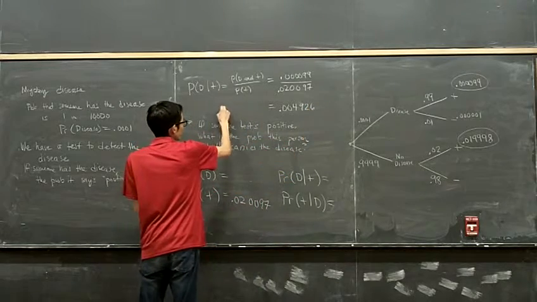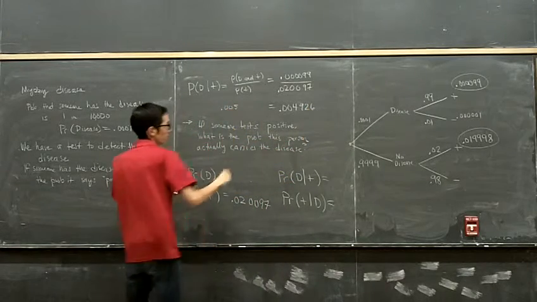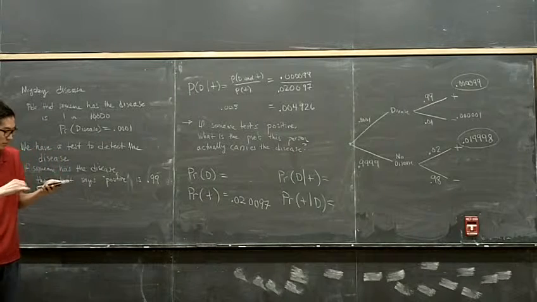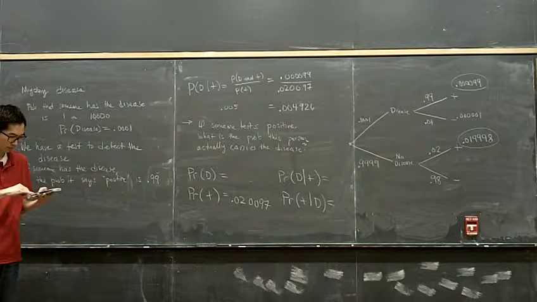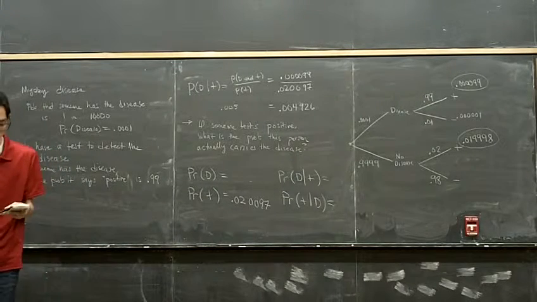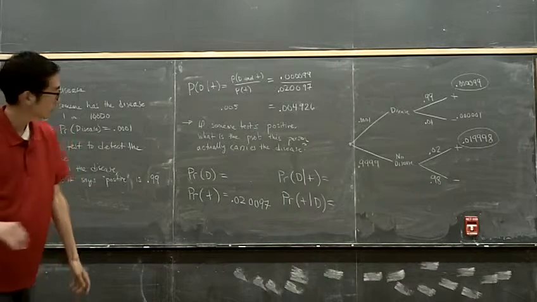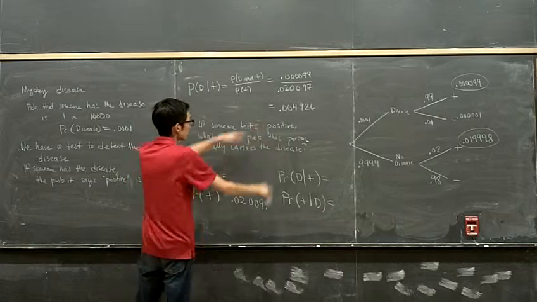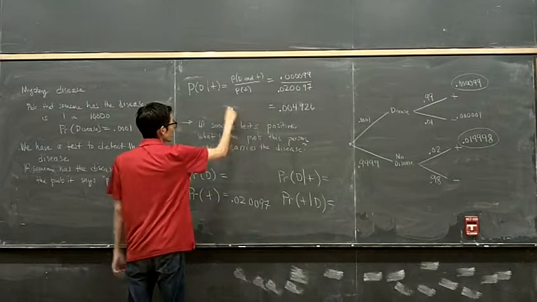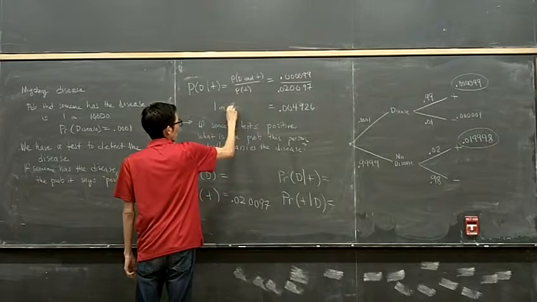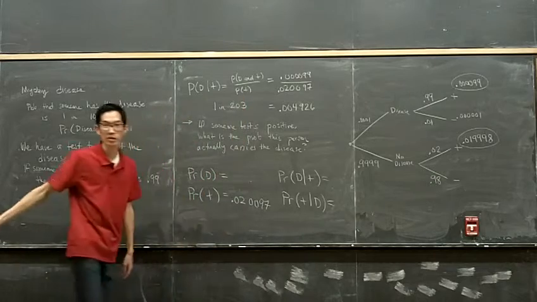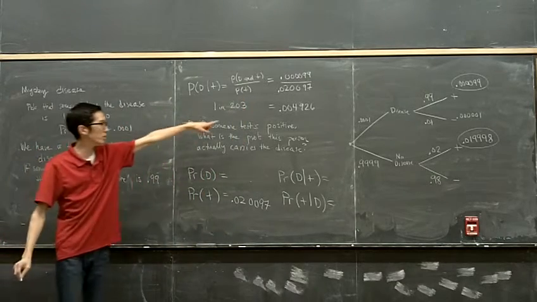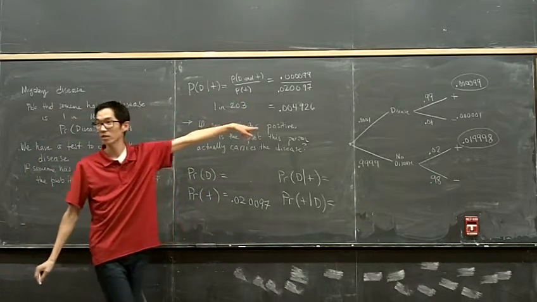I could round this off to just 0.005-ish. This is actually equal to 1 in 203. 1 over 203 is equal to 0.004926.